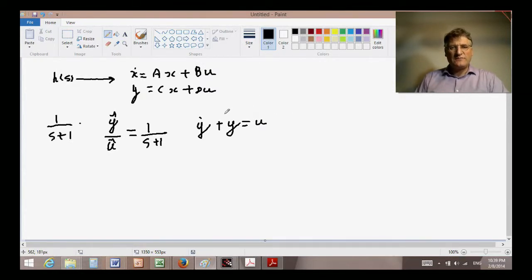As a result, the state space realization can be expressed by saying that x is equal to y, x dot is equal to minus x plus u, y is equal to x.